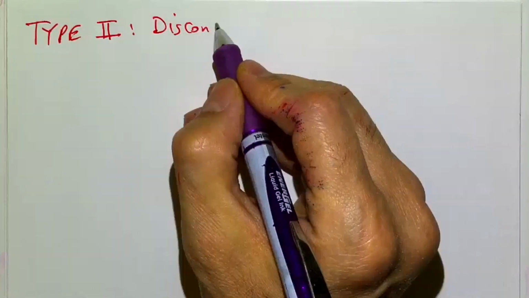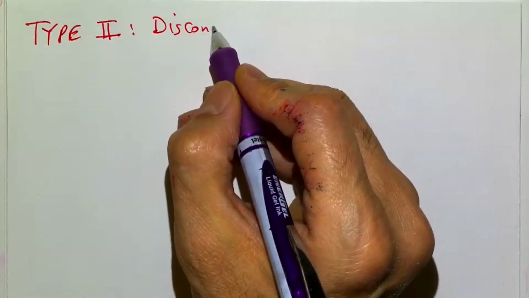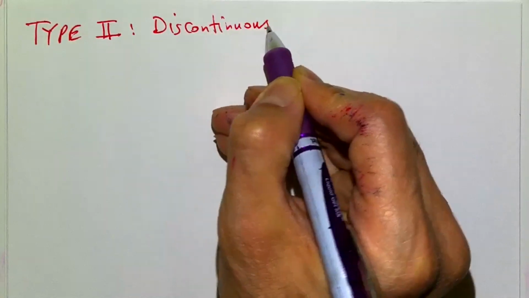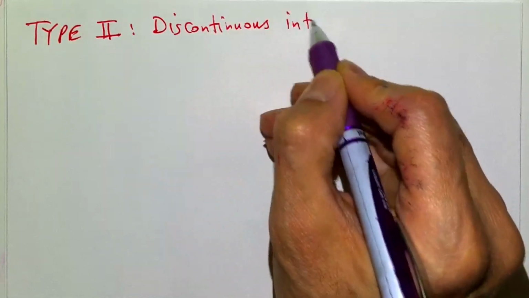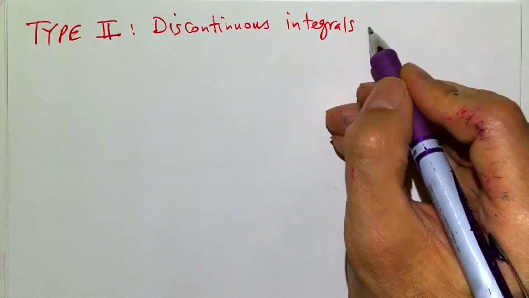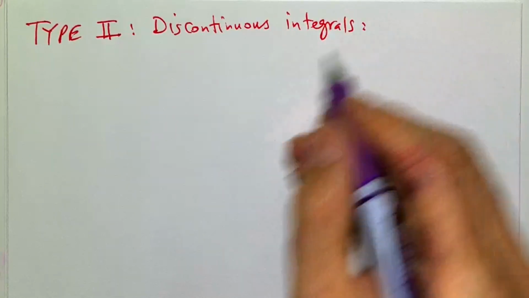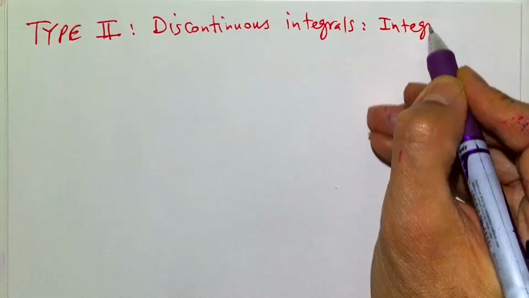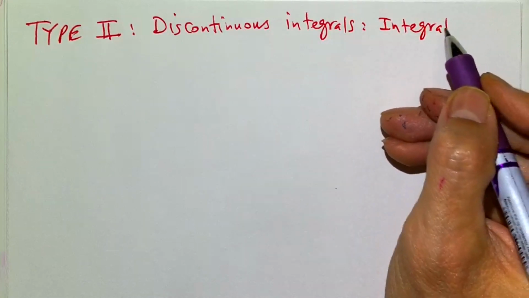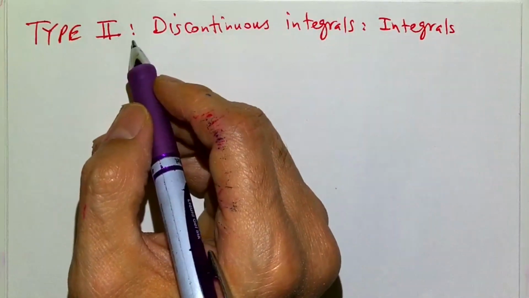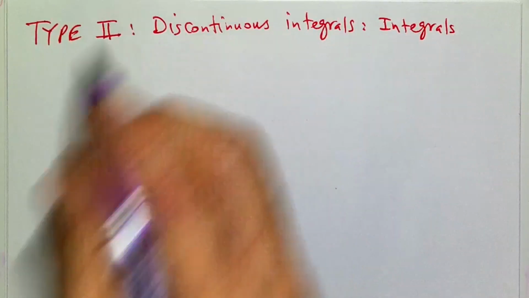So type 2 stems from the fact that there are discontinuous integrals, and we know those as vertical asymptotes. This is page 7, I guess. Yes.